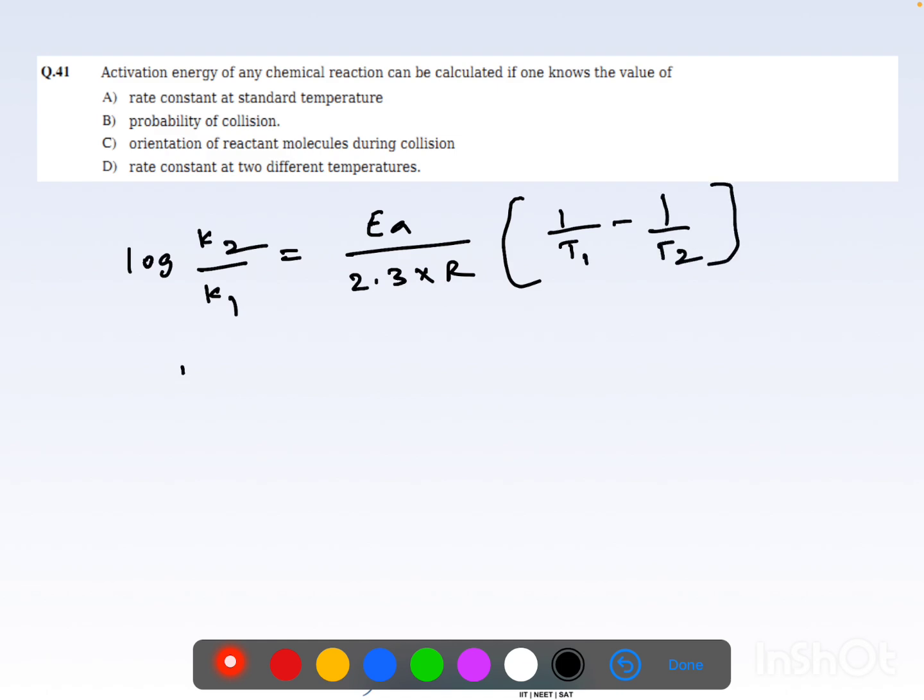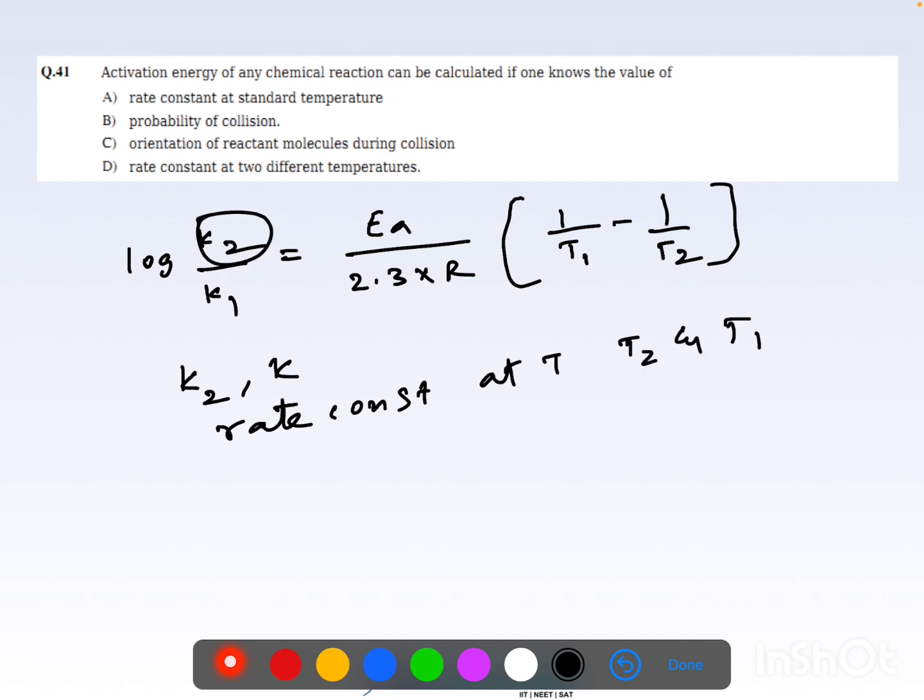So here K2 and K1 are the rate constants at temperatures T2 and T1. So if you know rate constants K2 and K1 at two different temperatures, you can find the activation energy. So the correct answer is that rate constants at two different temperatures must be known. Option D.